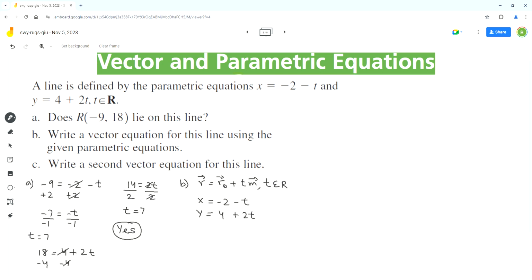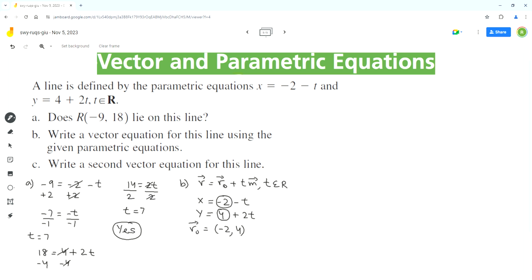In the x equation, the number term is -2, and in the y equation, the number term is 4. So the position vector R0 is equal to -2, 4. So we use the number from the x equation first.